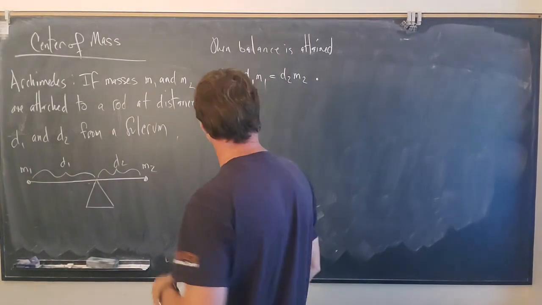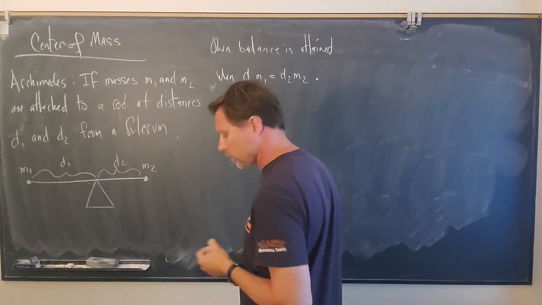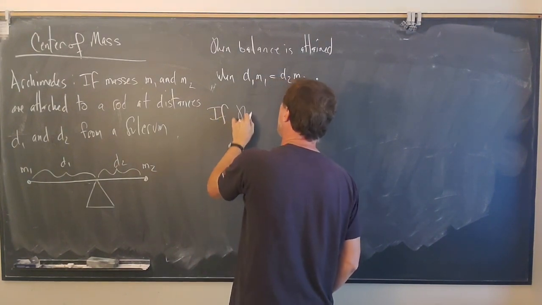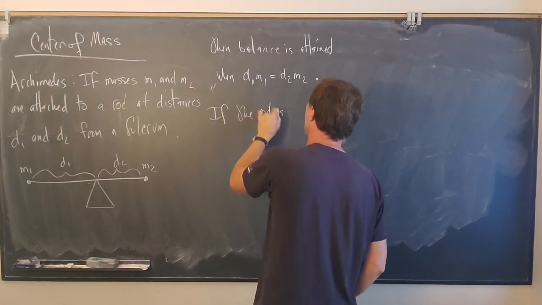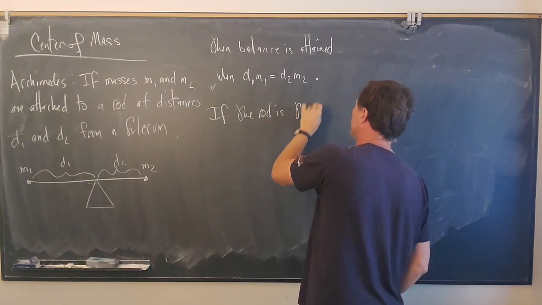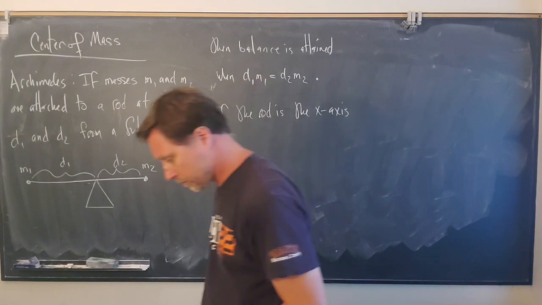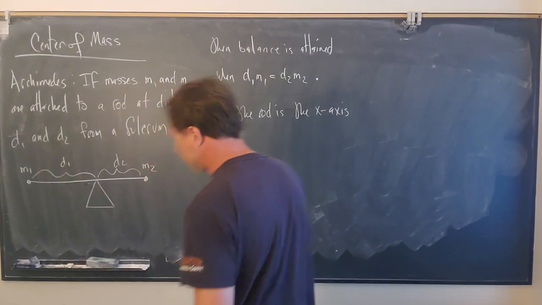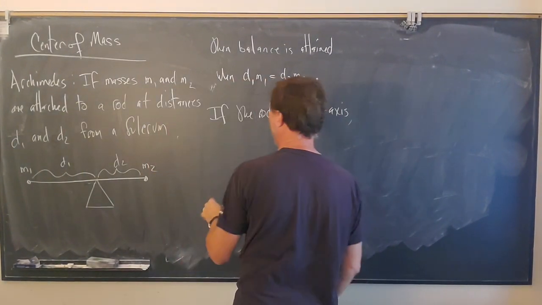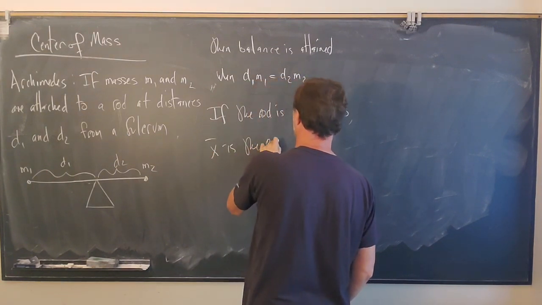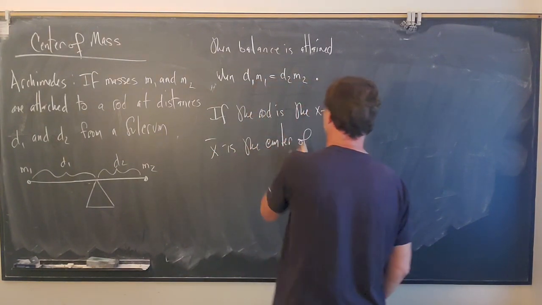Now, I want to put this into a more mathematical context. So if the rod is the x-axis, let's call it x bar. X bar is the center of mass.